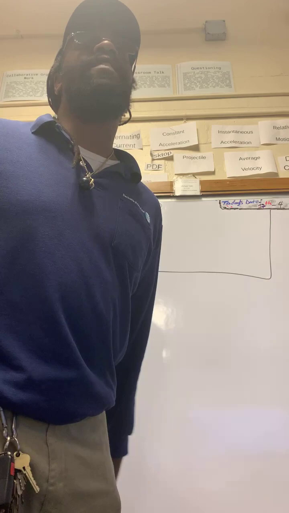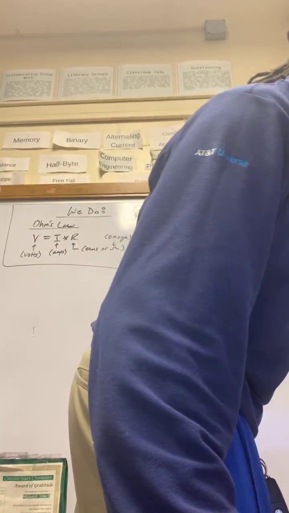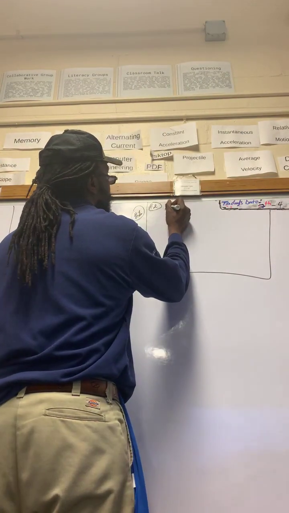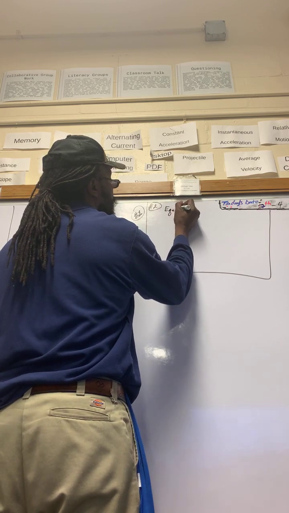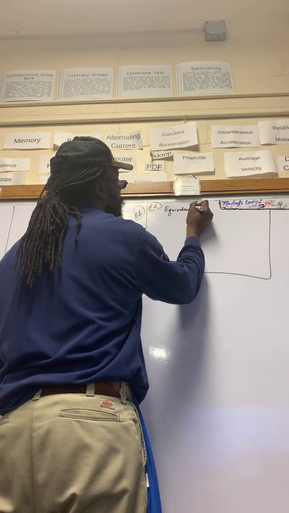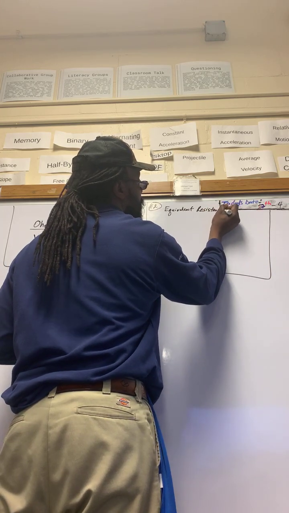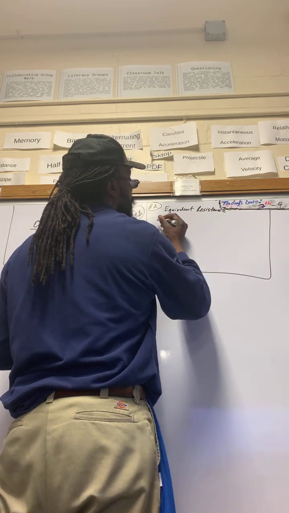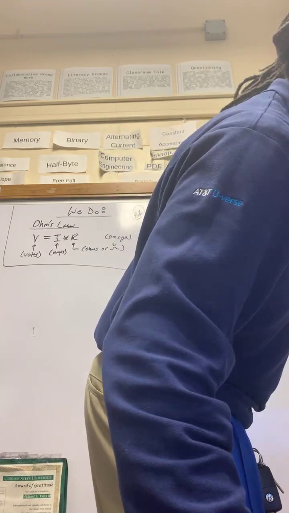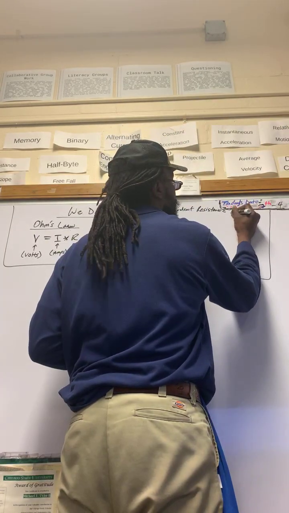So let me know when you get done with the first part of your notes. Go to 758, and I'll tell you what the next part is. The equation is known as equivalent resistance, and that's for resistors.